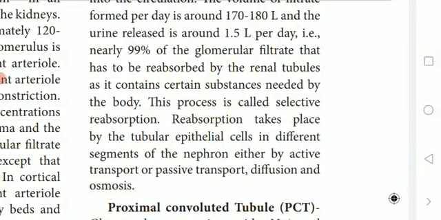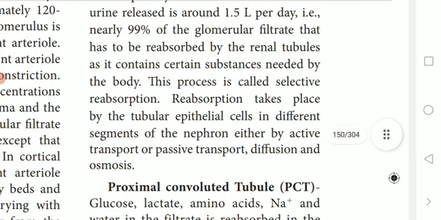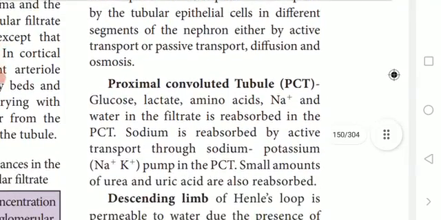So far we have seen glomerular filtration rate, that's what I explained. You can go through it. The next process is tubular reabsorption. Certain important elements which are needed by our body are reabsorbed by the tubules. The PCT, DCT, loop of Henle, all these we call the tubules.